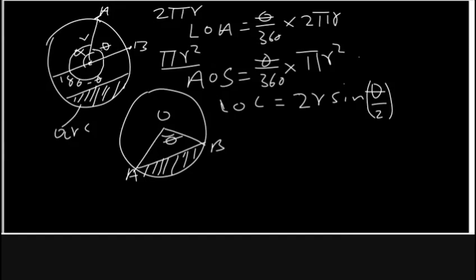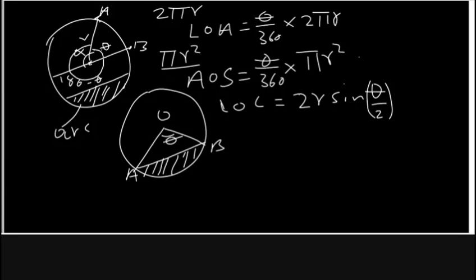Now, let me open your eyes to something. If you look at that diagram, after we have shaded the segment, you notice that there are two shapes that are obtainable there. We have a triangle AOB. We also have the sector AOB.